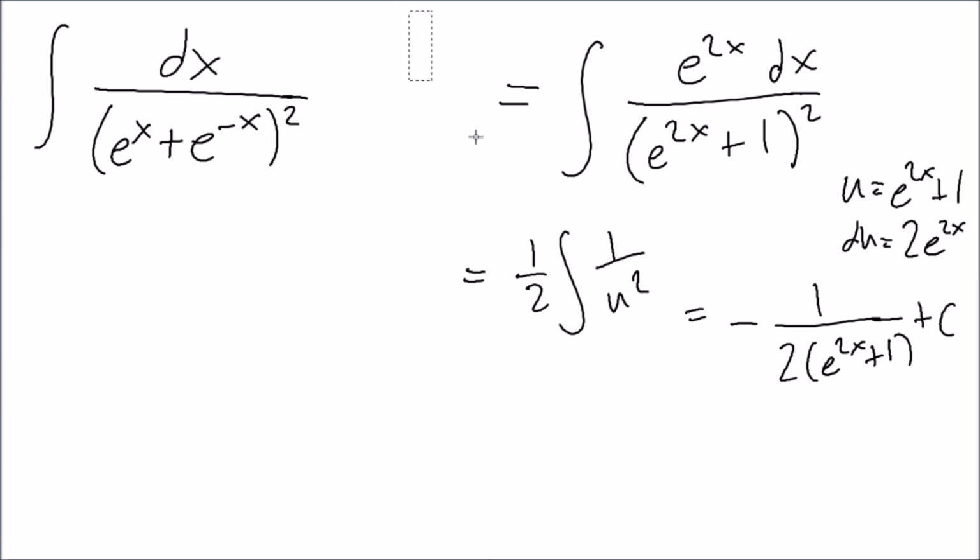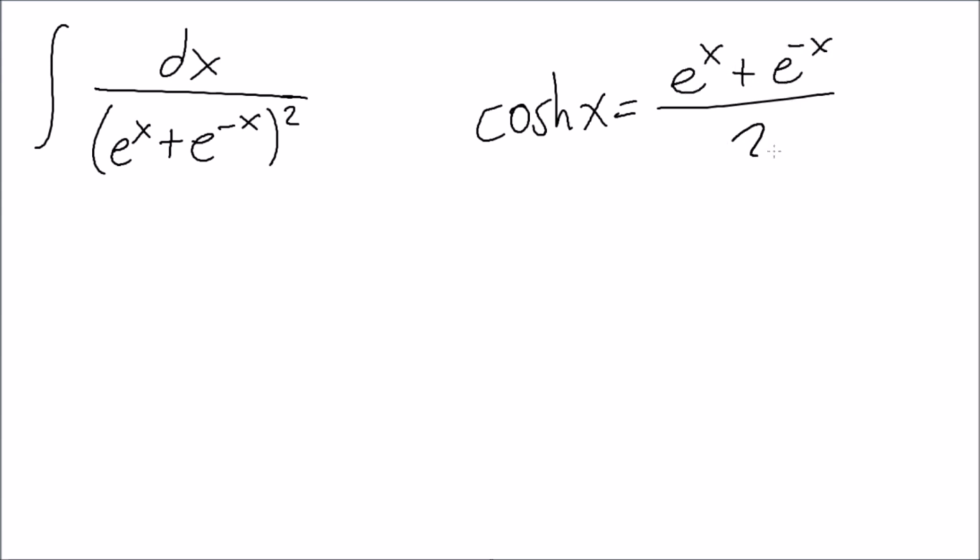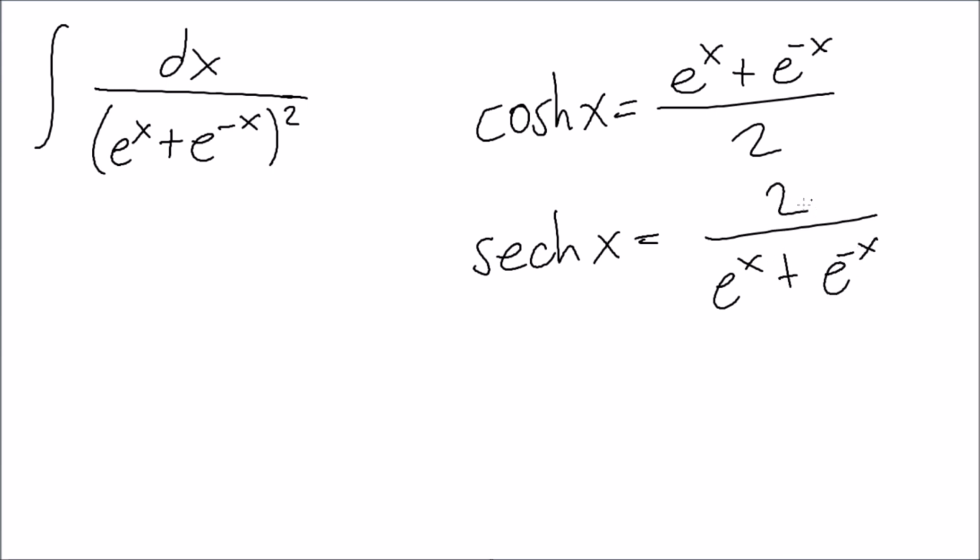The textbook way, though, well, I wouldn't consider this textbook method, but pretty much this is hyperbolic secant. If you know that cosh x is equal to e to the x plus e to the negative x over 2, then you know that hyperbolic secant is the reciprocal, right? And it looks just like this, except that it's being squared.